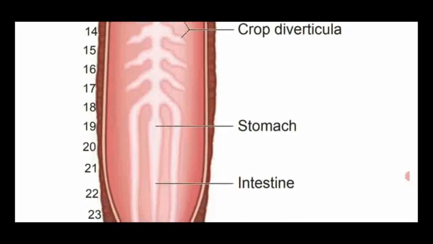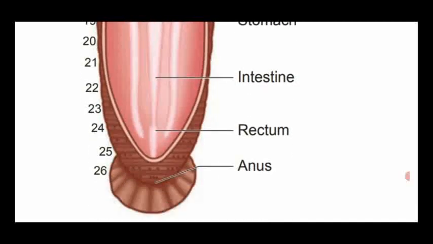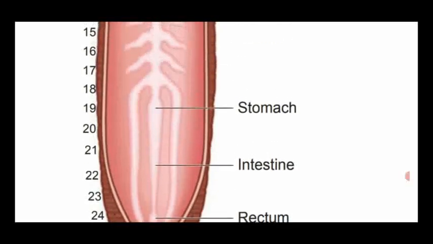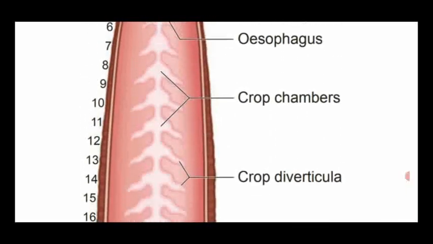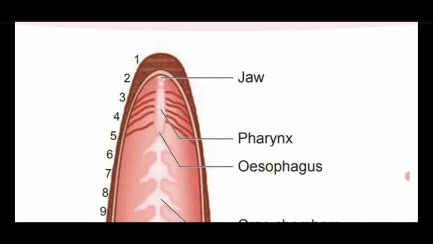The stomach leads into the intestine. Then the intestine leads into the rectum, and the rectum opens to the exterior, that means the outer side, by the anus. So these are the different structures of the leech digestive system.